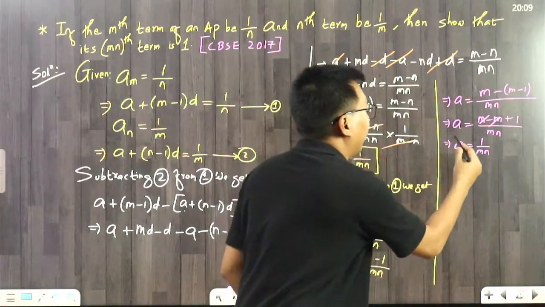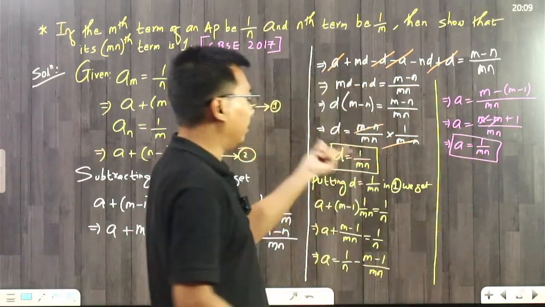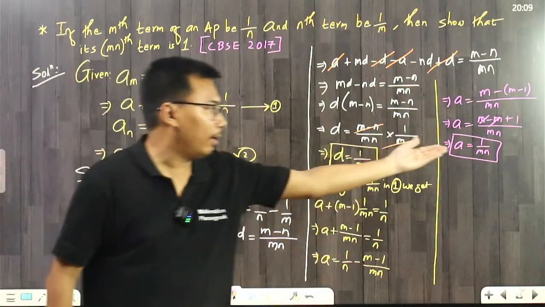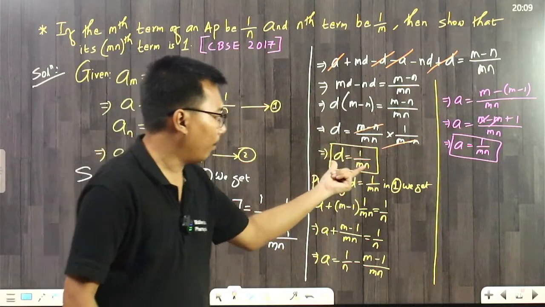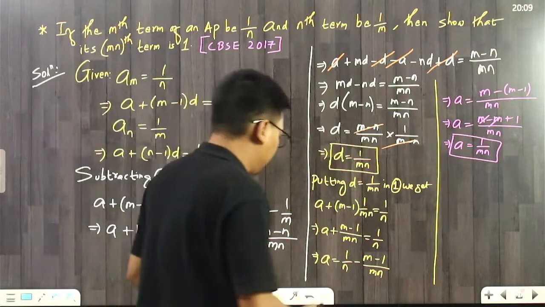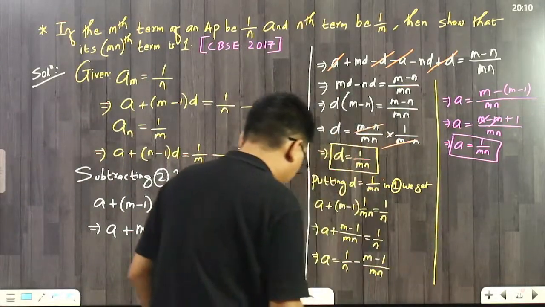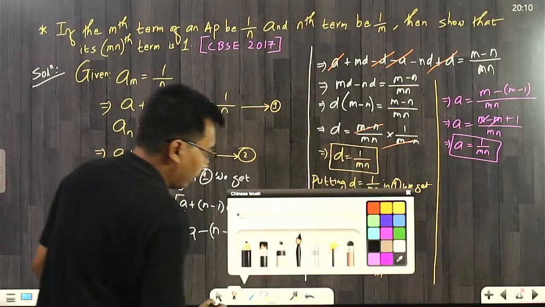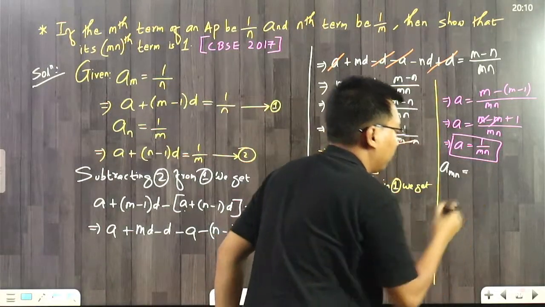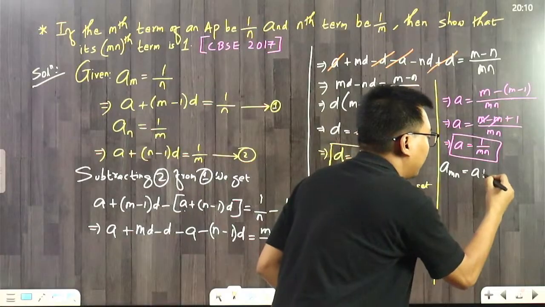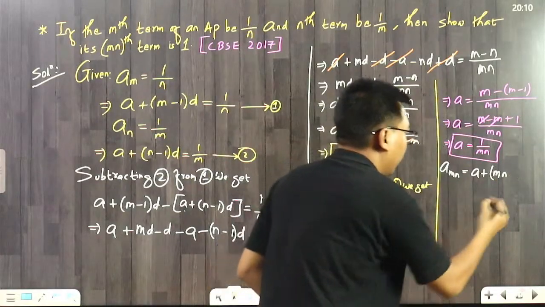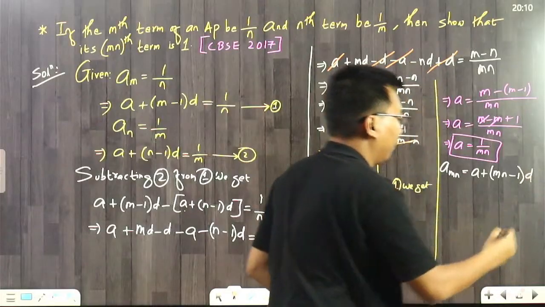So now we have the value of a and d. Our first term a is 1 by mn, and the common difference d is 1 by mn again. Now we can easily find the mnth term. So how can you find the mnth term? The mnth term will be a plus mn minus 1 d, right?